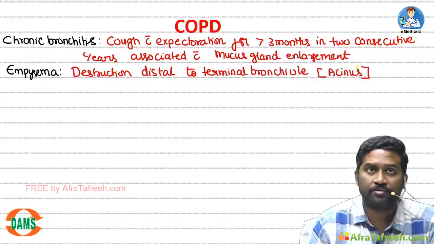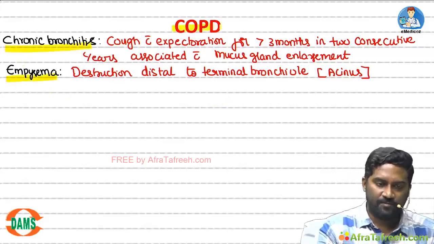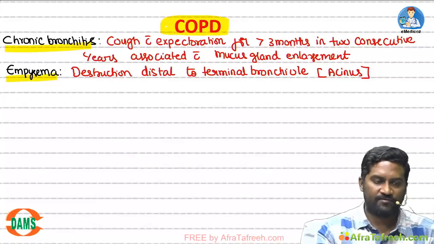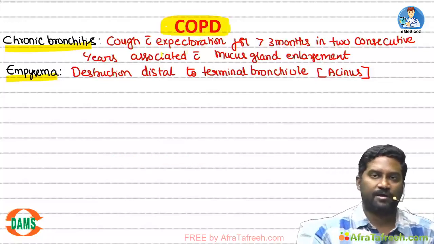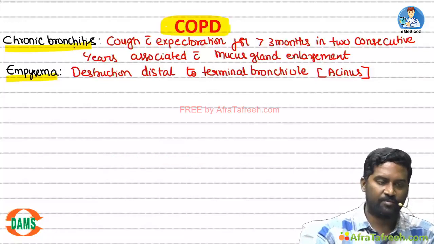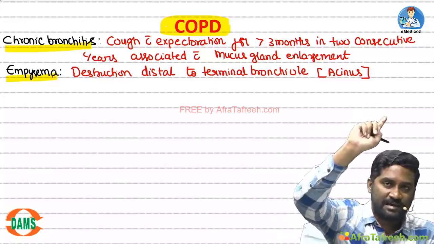Now, according to new guidelines, let it be chronic bronchitis or emphysema, it should be called as the COPD only. Now, we are not using chronic bronchitis and emphysema for clinical purposes. So, for all practical purposes, let it be chronic bronchitis or emphysema, it should be called as a single term.